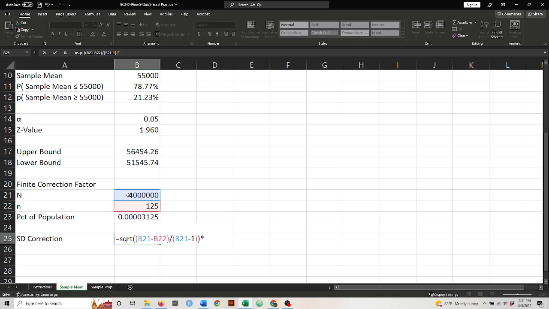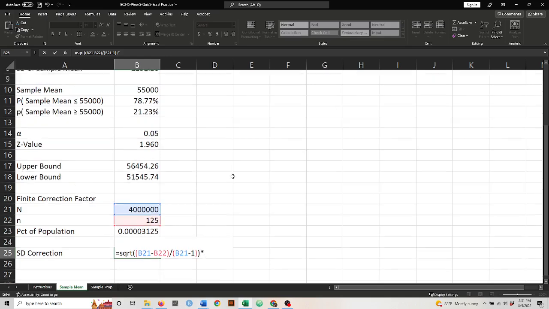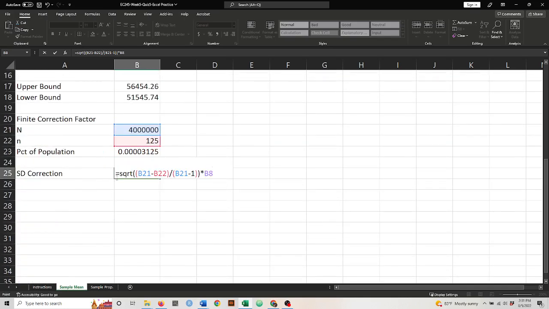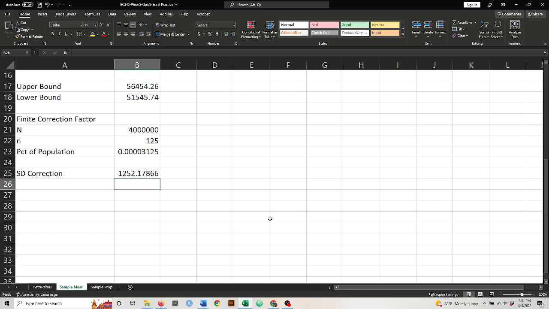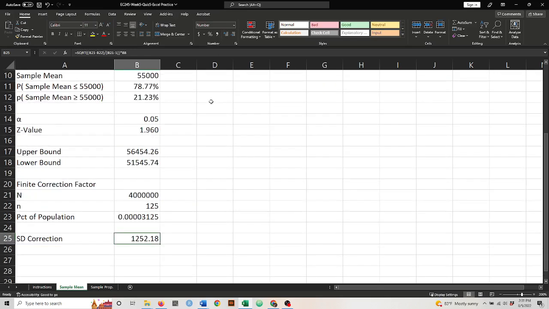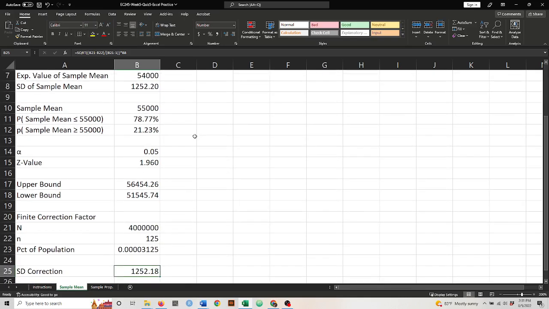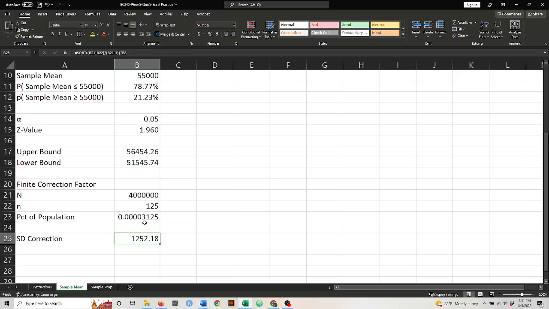Okay, so once we have this, that's all we need there. I'll scroll up. I'm going to use the standard deviation of the sample mean. That's how we would correct it in this case. We can hit enter, clean it up a few places, and you'll notice it's very, very close to what we had up here. So not much of a difference, and that's because we're staying within that criteria that we kind of know about.